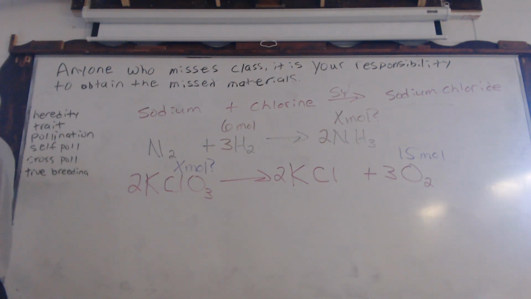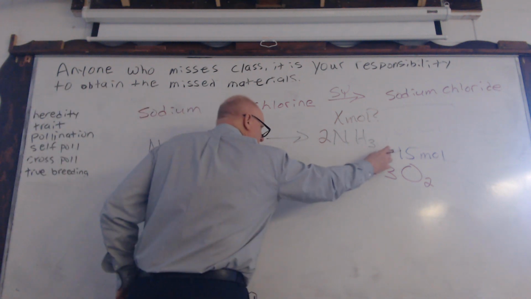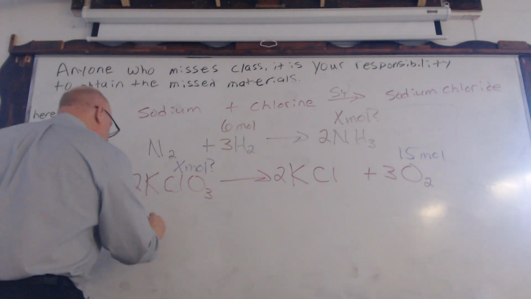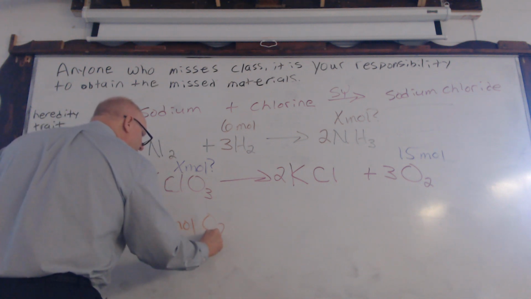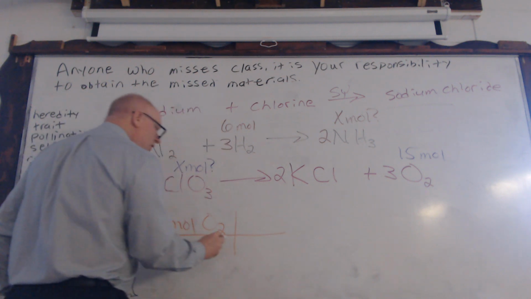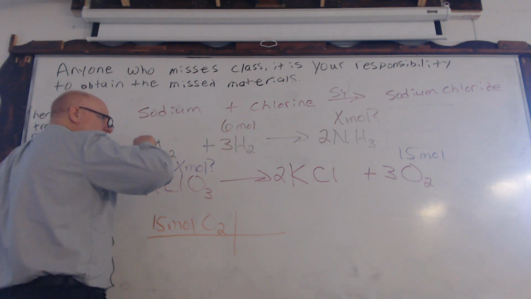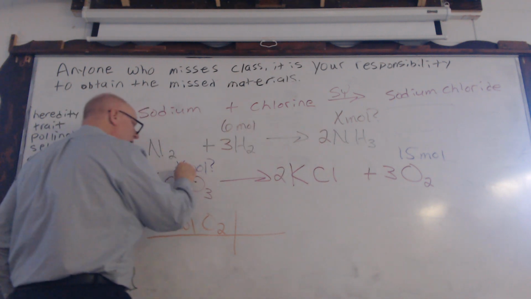So just like every other problem, the only place to start is on this side of your equation. So we've got 15 moles of oxygen. Then, in just a two-step problem, notice every other time we were going left to right. Here we're going right to left.